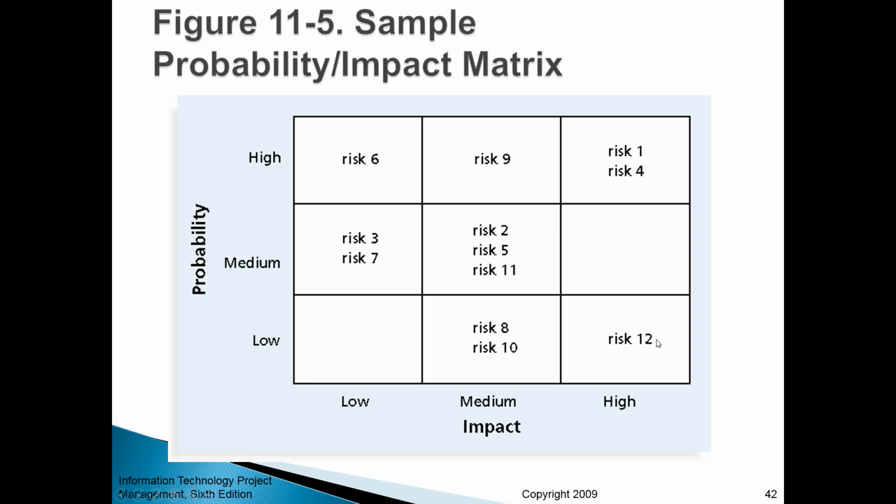So risk 12 has a priority score of 12, which means it's a high impact, low probability risk. And a risk that has high probability and high impact is classified with a score of 1. So it depends on what kind of specific numerical categorization is used for these dimensions.